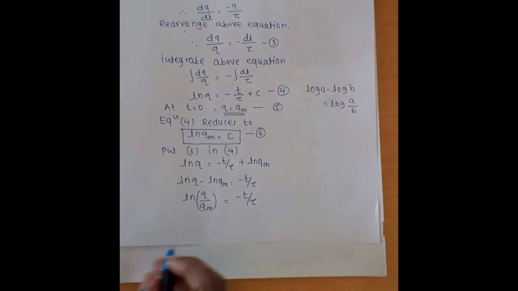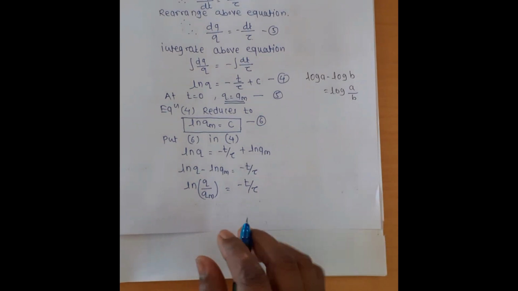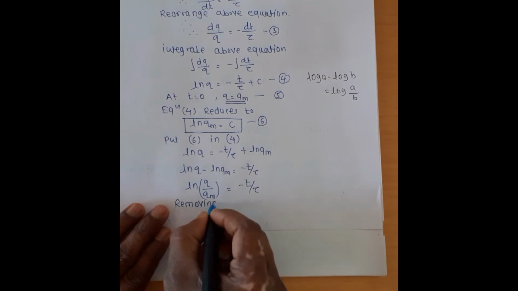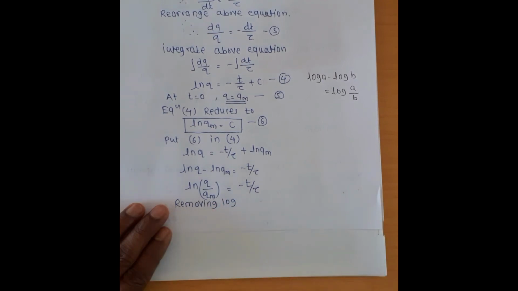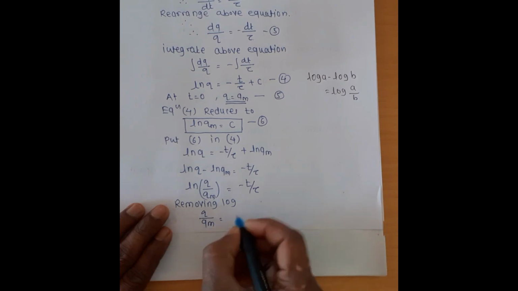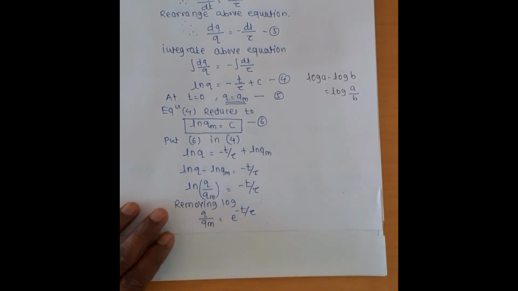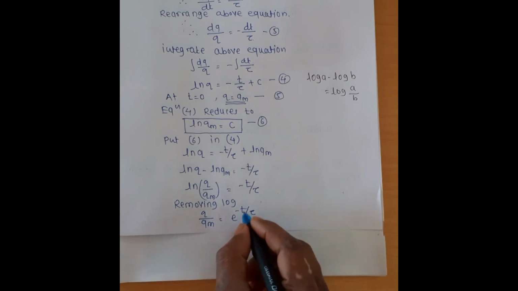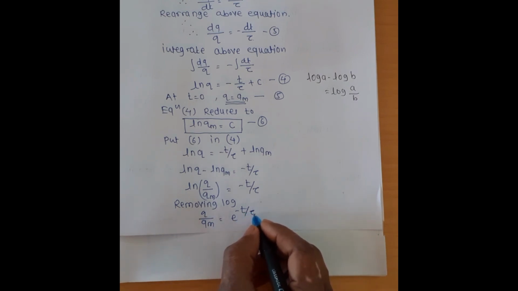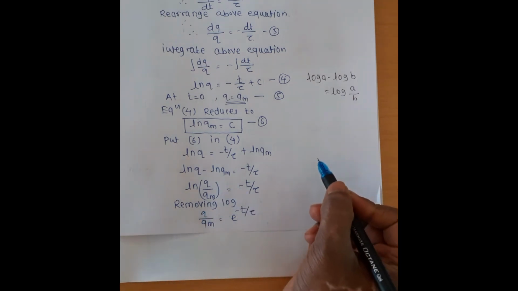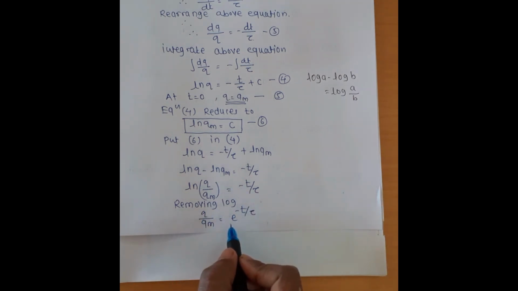Okay, so now we remove the log. If you remove the log, then q upon qm is equal to e raised to minus t by tau. If you remove the log, then the opposite side term is written as an exponential term.